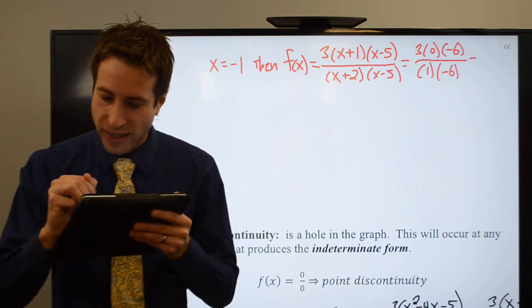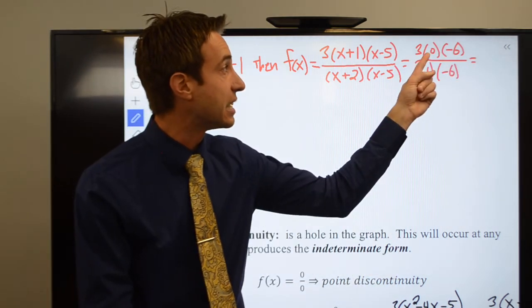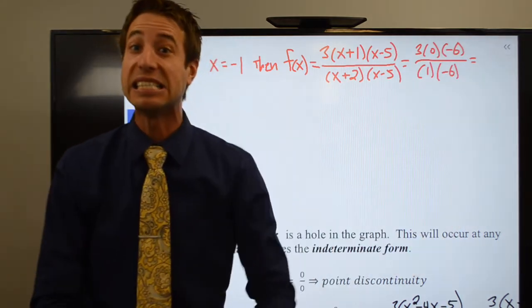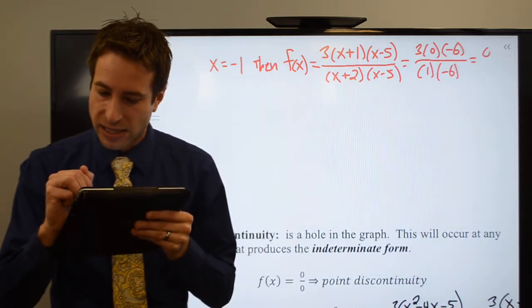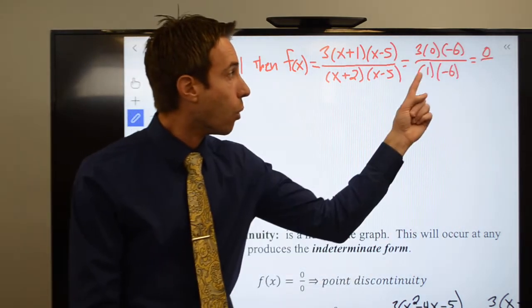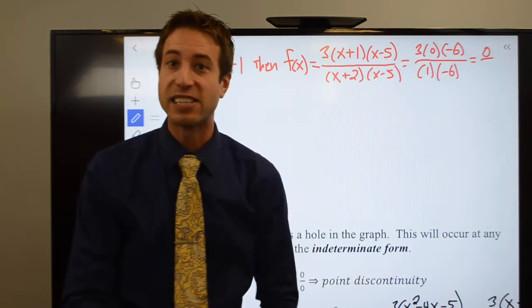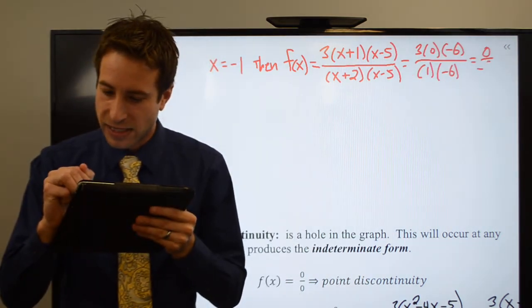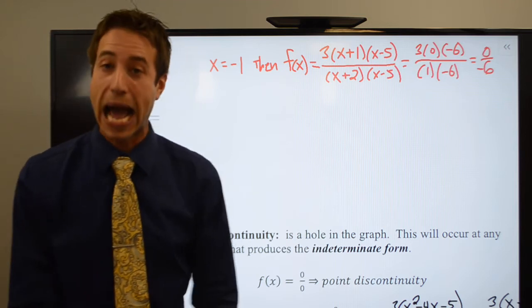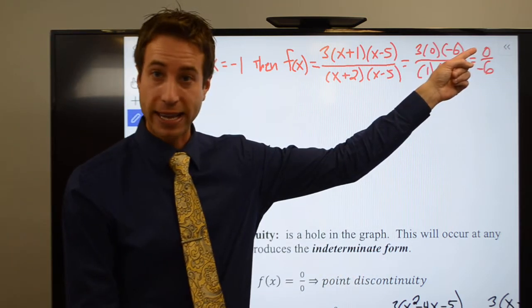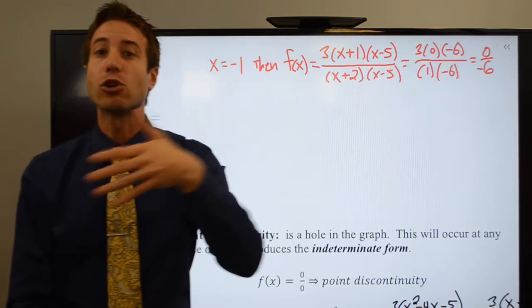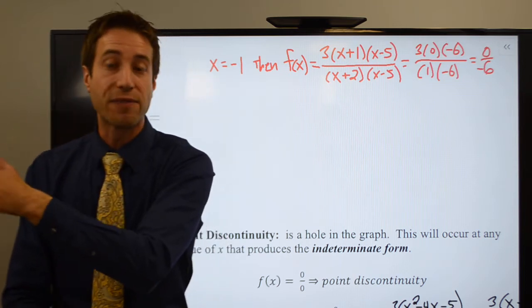Now, go ahead and put all that stuff together. Here's what you wind up with. 0 times anything is 0. So I wind up with 0 over 1 times a -6, which is -6. Now, guys, what happens when the numerator is 0? Well, we just looked at several example problems graphing where this happened.